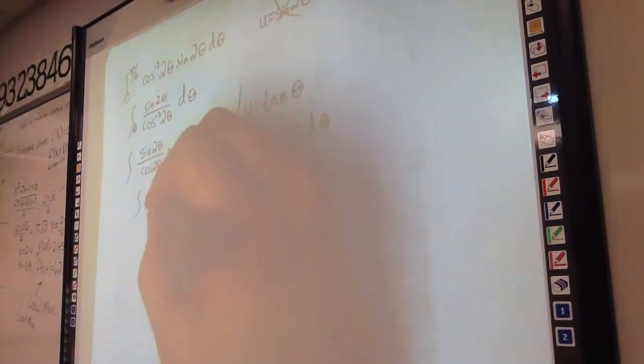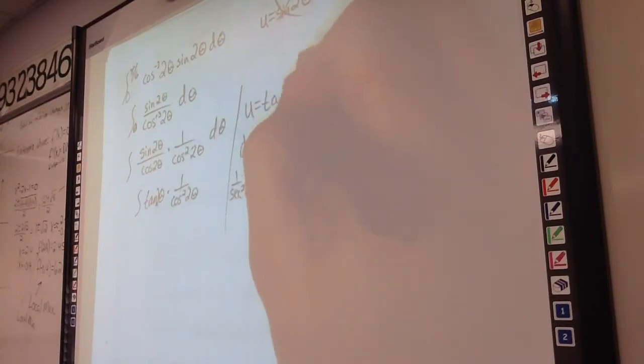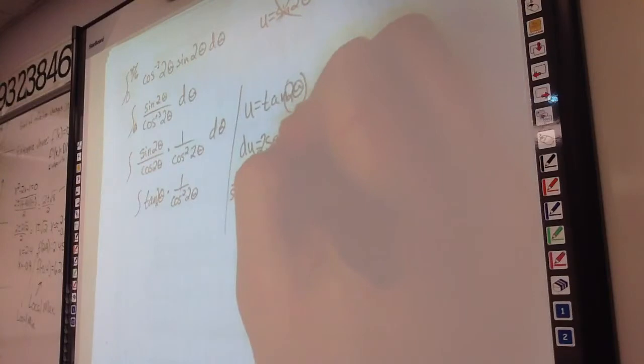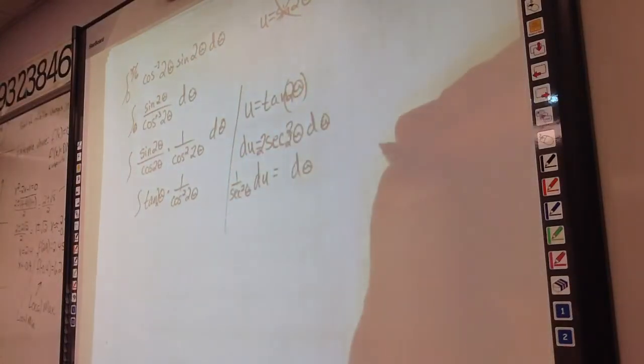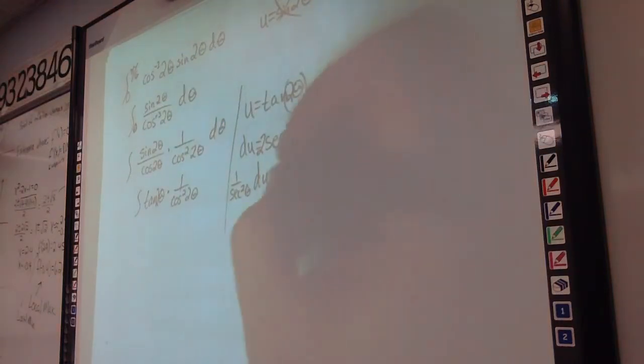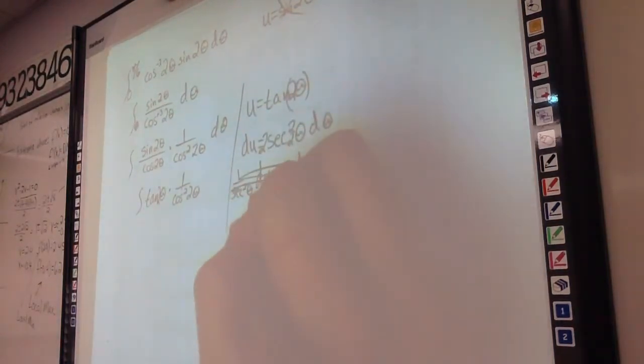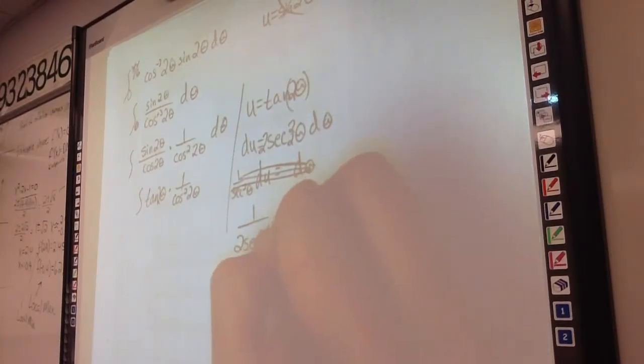Good, I missed that. And then 1 over cos squared, that's secant squared, which means this is 2 secant squared of 2 theta. I missed all the 2's. Which means it's 1 over 2 secant squared of 2 theta du is equal to d theta.